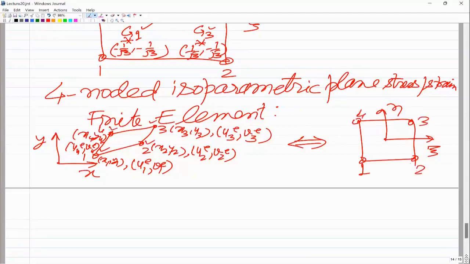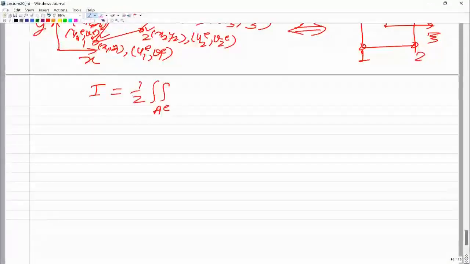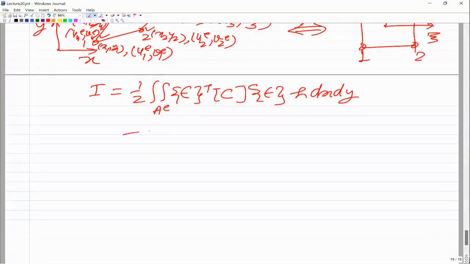We have seen for this problem that the integral functional I is half the integration over the area of the element of epsilon transpose times the constitutive matrix C times epsilon, h dx dy, which we have already derived, minus the potential of the externally applied body forces.